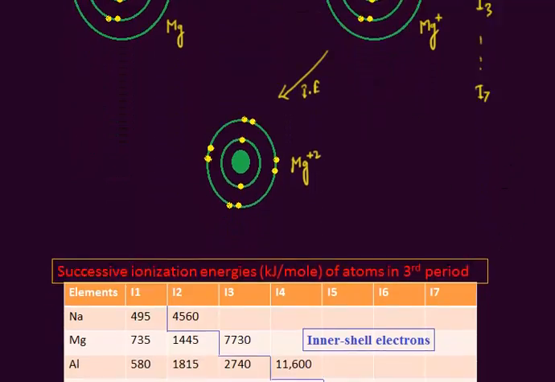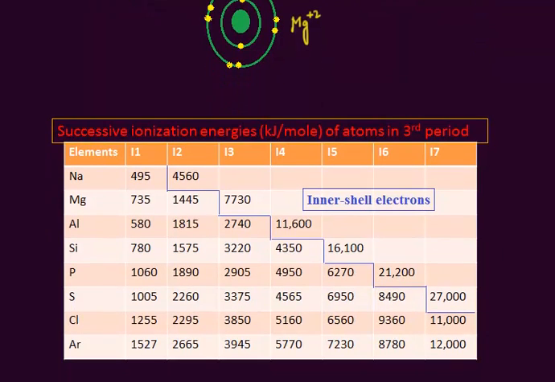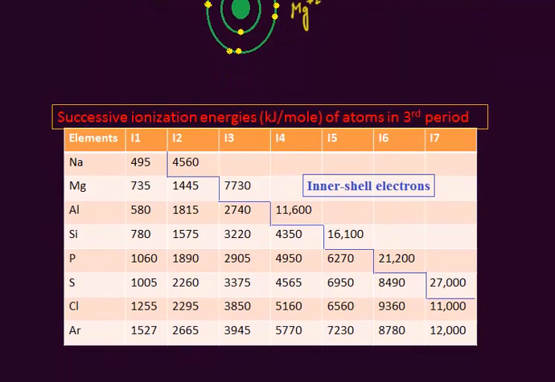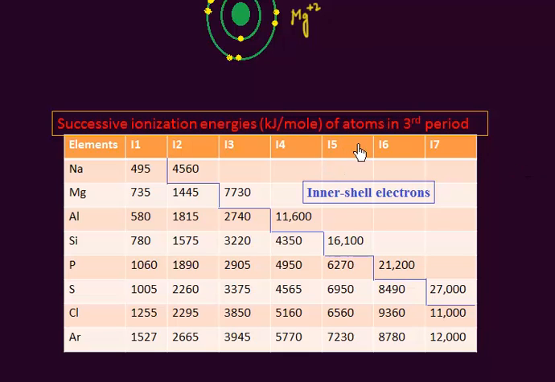Here in this table, the successive ionization energies of atoms present in the third period are shown, and these ionization energies are given in kJ per mole, kilojoules per mole. As the successive outermost electrons from an atom are removed, their ionization energy also increases.